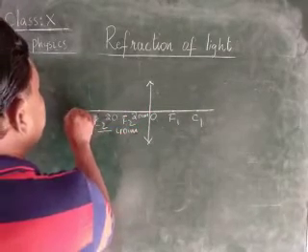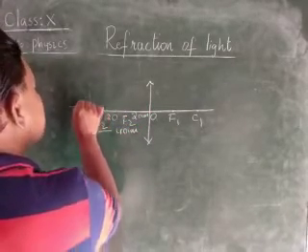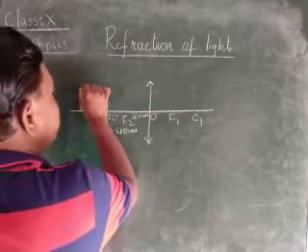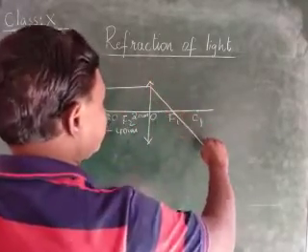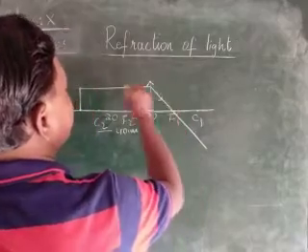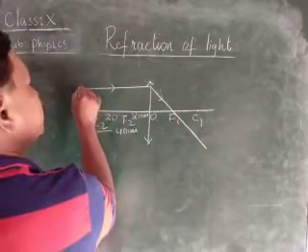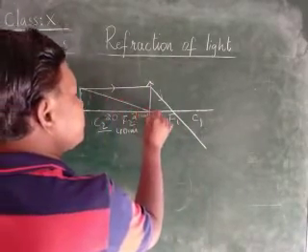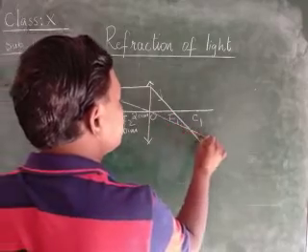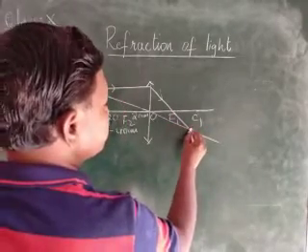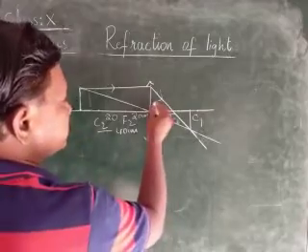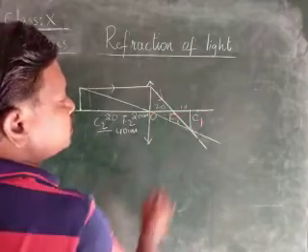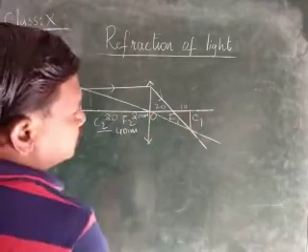Here object 60 means it is beyond C. If we draw the figure, the image is formed in between F and C, that is here 20 plus 10, that is 30 centimeter.